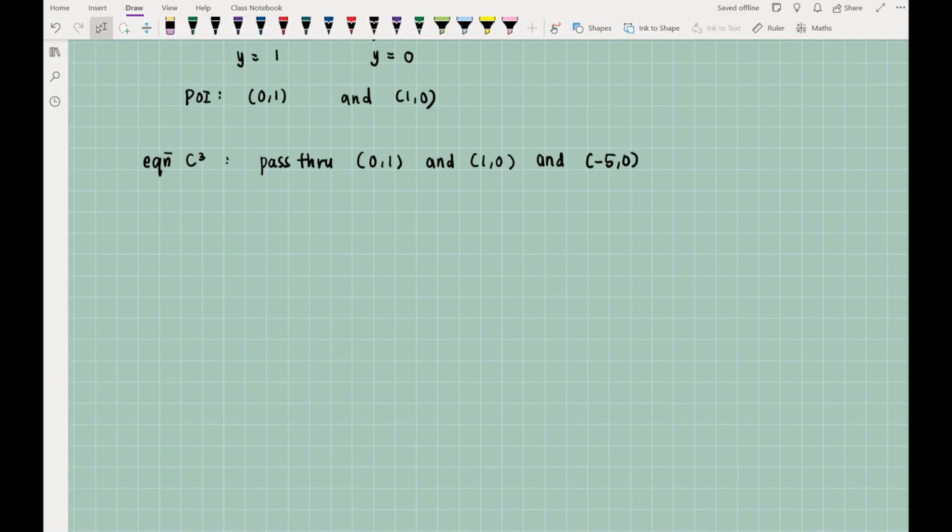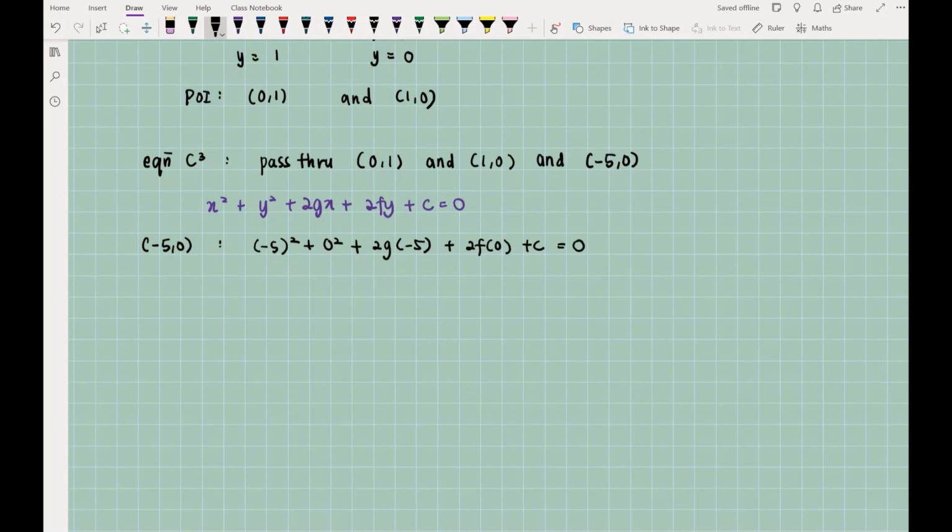Okay, hence, I'm going to use the formula where we have x square plus y square plus 2gx plus 2fy plus c that is equal to 0. So, dari sini apa yang kita akan buat adalah kita akan gantikan sahaja. For the first point, I'm going to use negative 5, 0. That gives me negative 5 square plus 0 square plus 2g times negative 5 plus 2f times 0 plus c that is equal to 0.